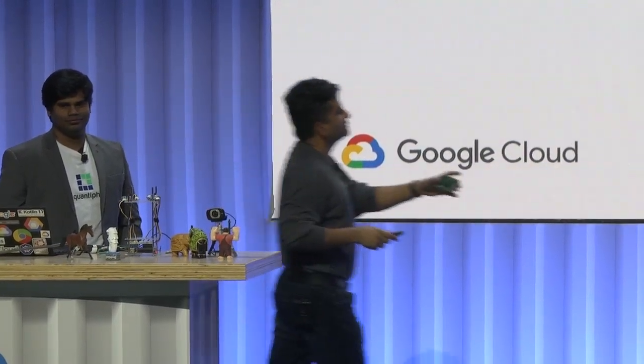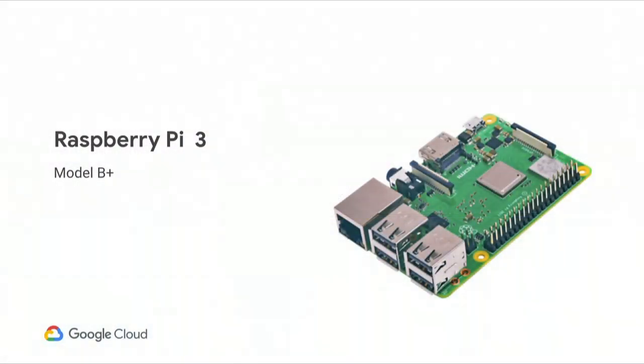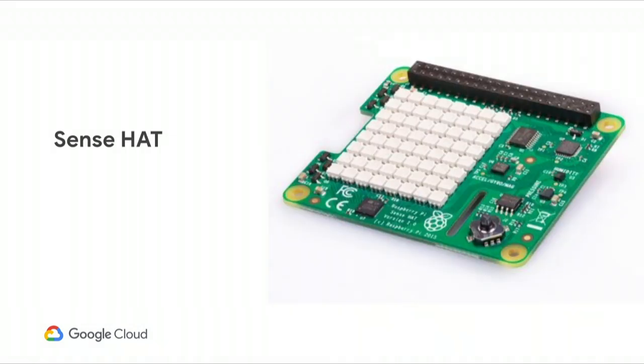The Raspberry Pi 3 Model B+ has those GPIO pins at the top. The Sense Hat comes with a bunch of sensors, but the ones I was particularly interested in are a gyroscope and an accelerometer. You can take the Raspberry Pi and the Sense Hat and connect them together like so, using the GPIO pins.